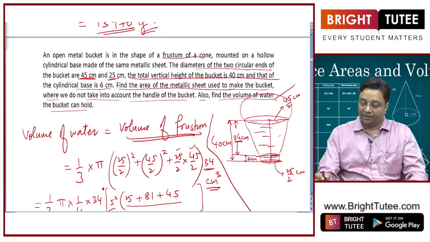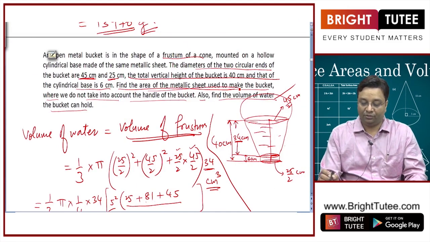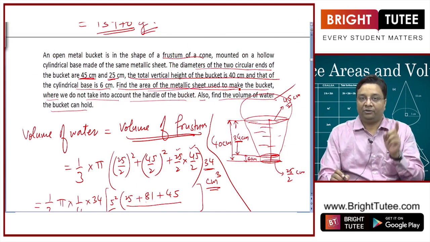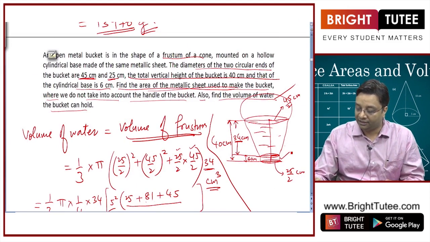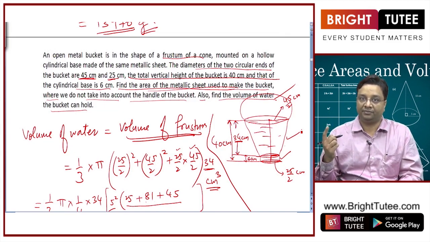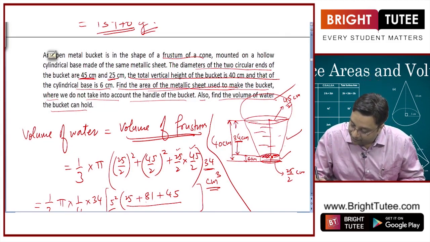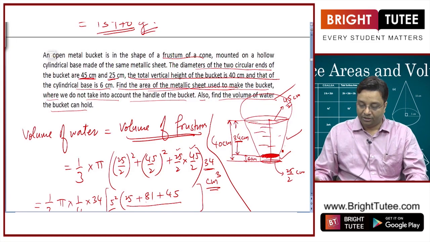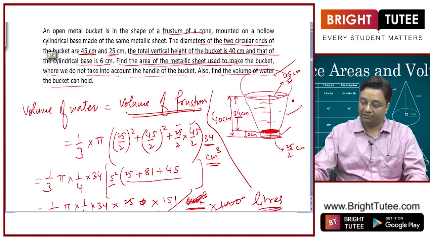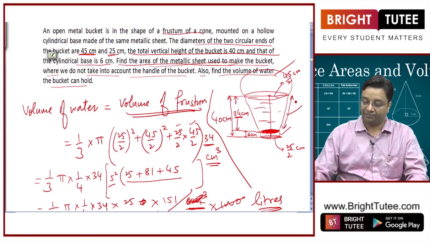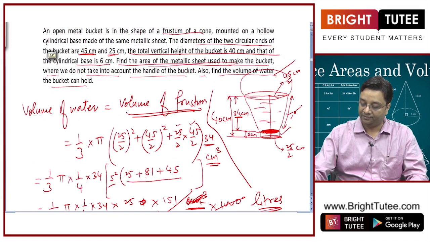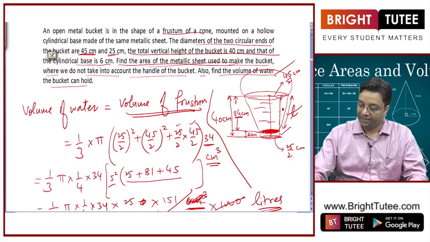Okay. Now another part was to calculate area of the metallic sheet to make this bucket. To make this bucket we have to make two parts essentially, this cylindrical bottom part and this curved surface area of the frustum and this base. Okay. So to calculate the curved surface area we would require the slant height of this frustum. So let us consider this as L, and if I drop this perpendicular here, I will get this right angle triangle.